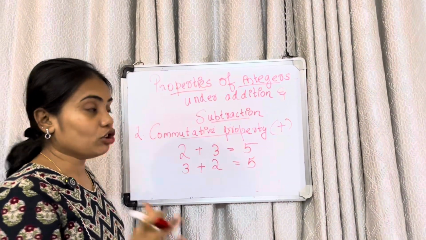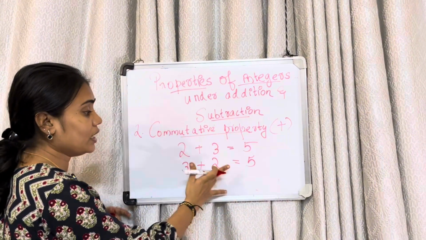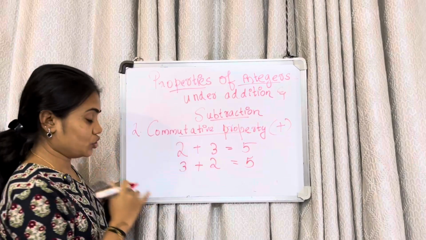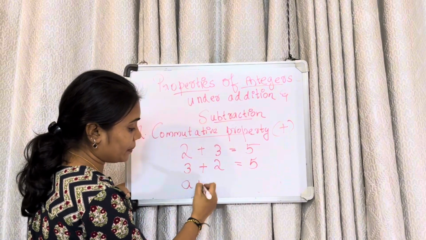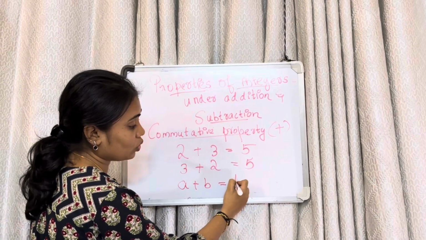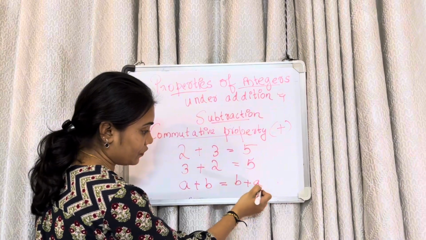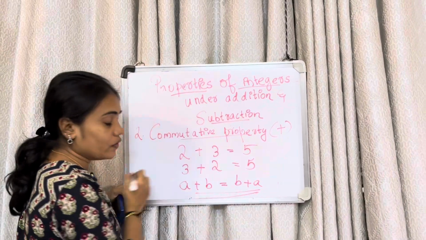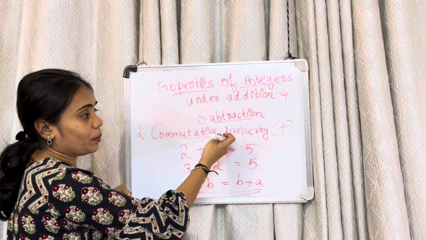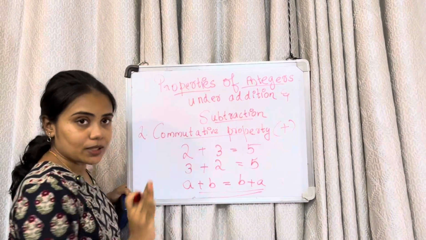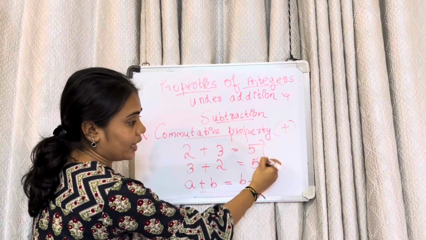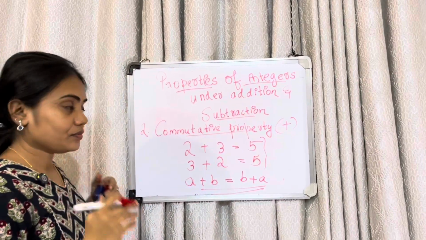The answer must be an integer and the numbers taken should also be integers. So what will be the rule? A plus B is equal to B plus A. If this condition is satisfied, we can say that commutative property of integers under addition is satisfied. Here it is satisfying.